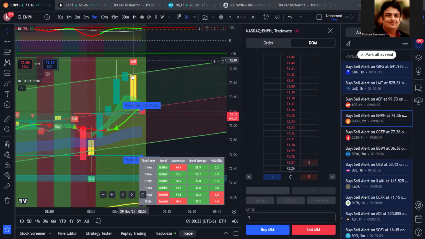I got a sell signal on ENPH. The background is green. The trend is bullish. Momentum is bullish. So I'll ignore the sell signal, wait for the buy signal.